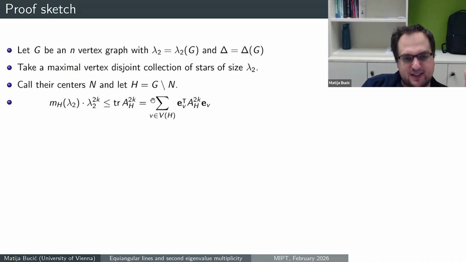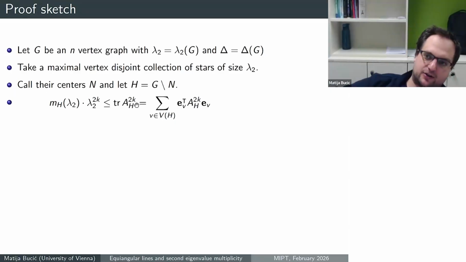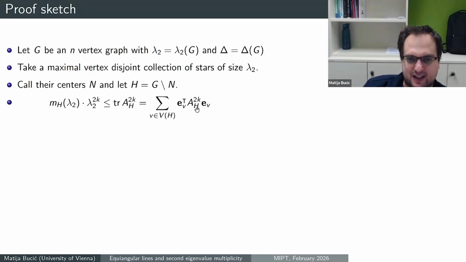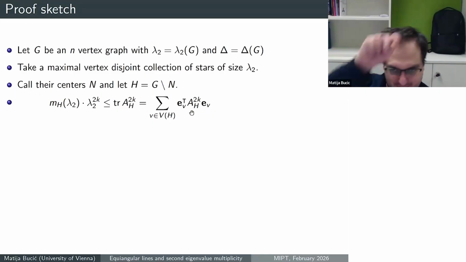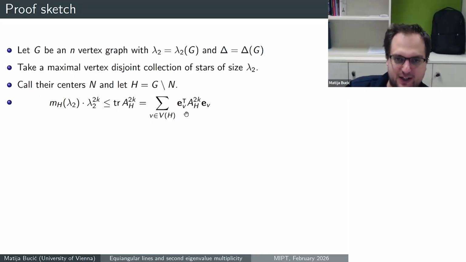So the next step is that you can write this trace also as just the sum of diagonal entries of your matrix, which algebraically you can write as a quadratic form with the standard basis vectors. So this is just a convenient way of writing the diagonal entry of A_H corresponding to vertex v.